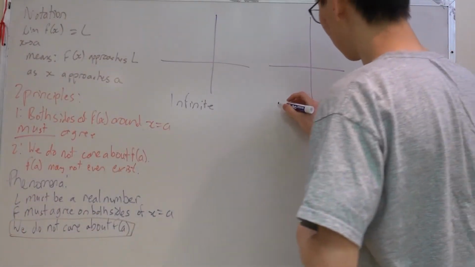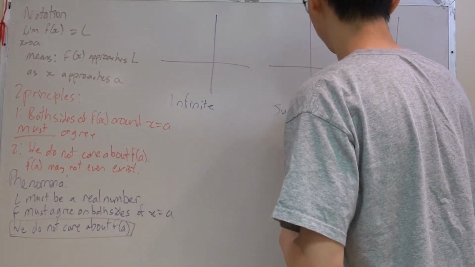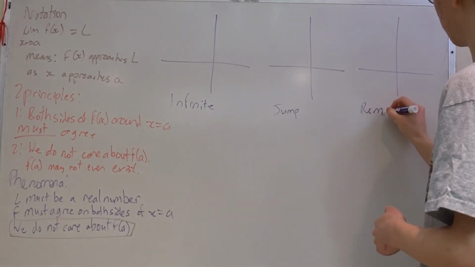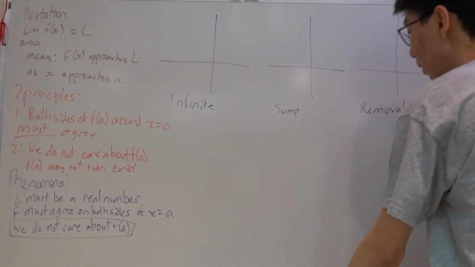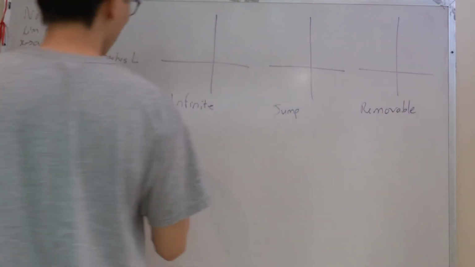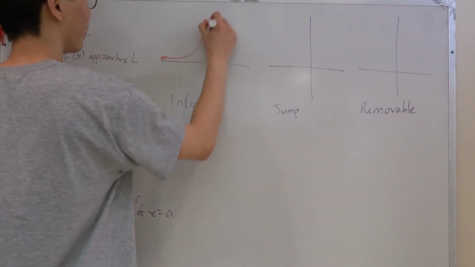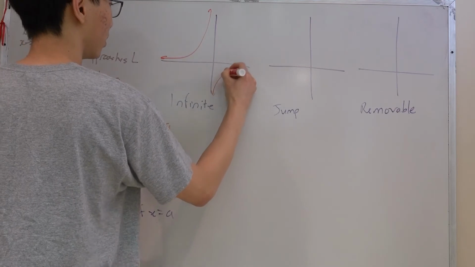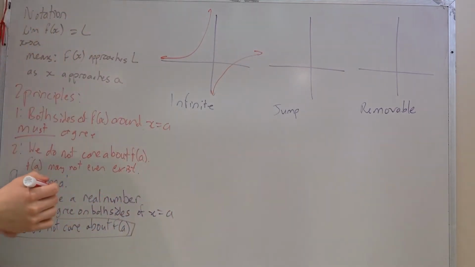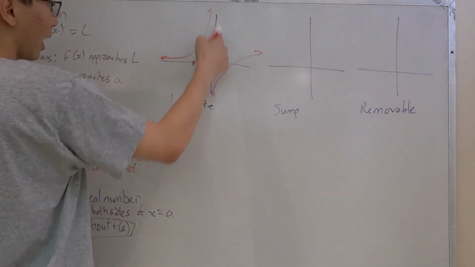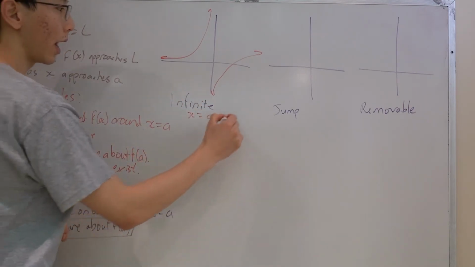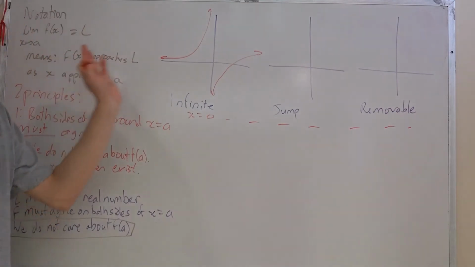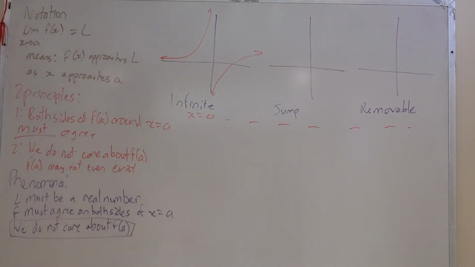This is called jump. And this is called removable. Okay? So an infinite discontinuity, as the name implies, is something like that. Okay? So in this case we have an infinite discontinuity at x equals 0. I'm going to do the discontinuity at x equals 0 for all of these examples.